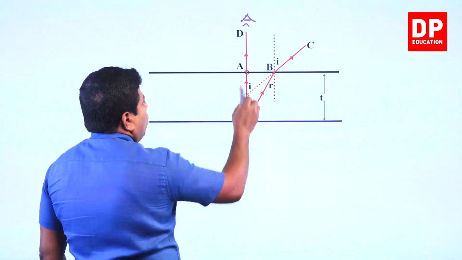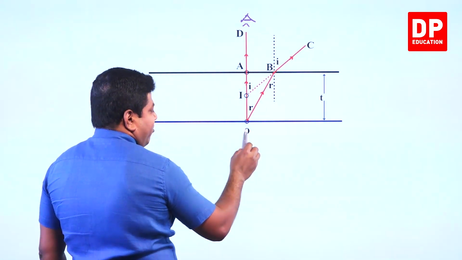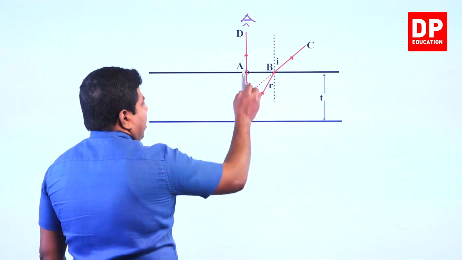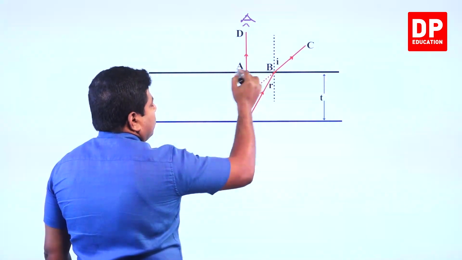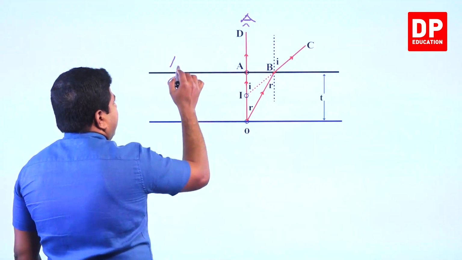First, look at this OA. A ray that leaves from O travels on path OA and reaches this surface at A. I told you this is glass, this is air.